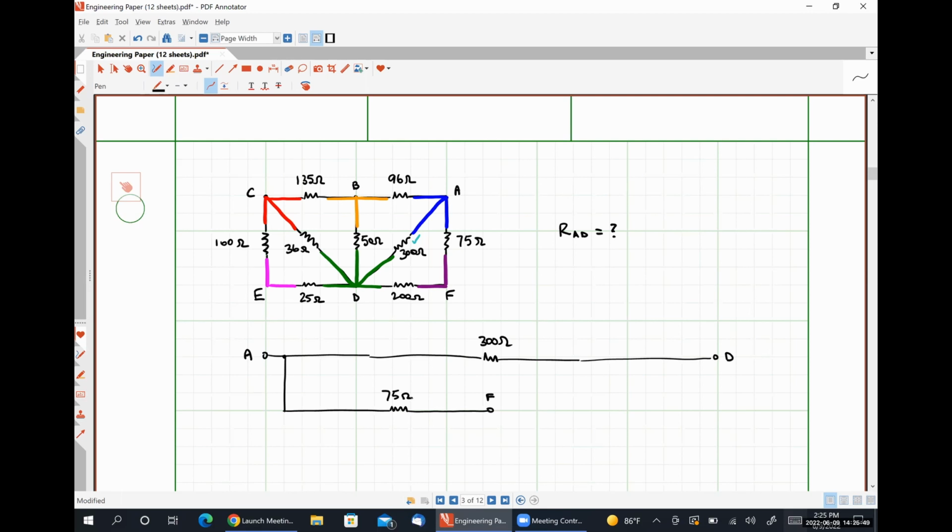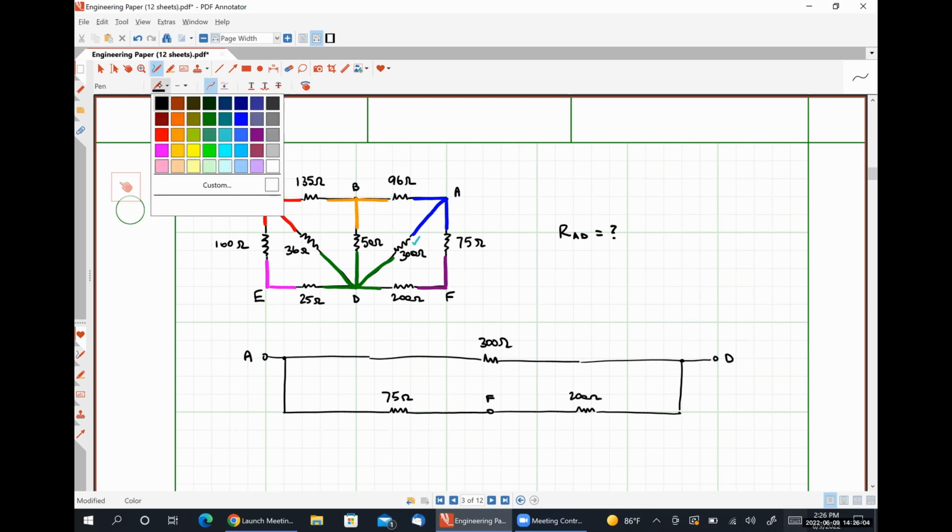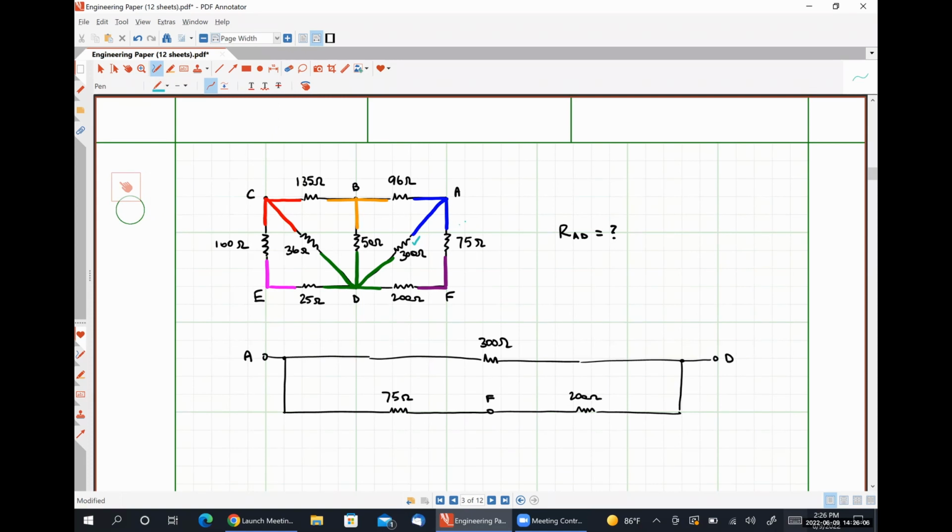And I can then go from F to D through the 200 ohm resistor. And I'll put a little check mark by both of those.